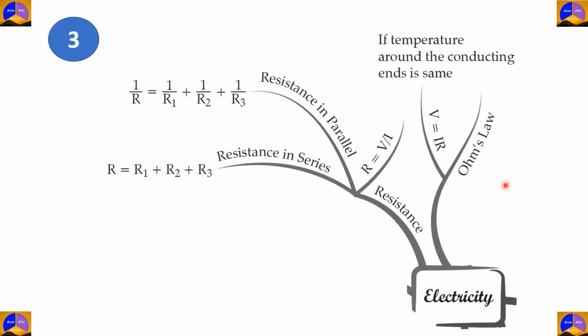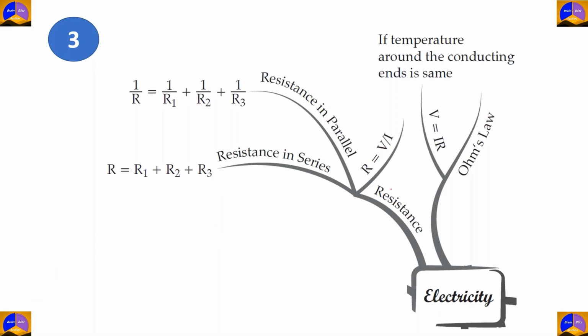A scientist named George Ohm has found out that the potential difference in an electric circuit is proportional to the electric current flowing in that circuit.